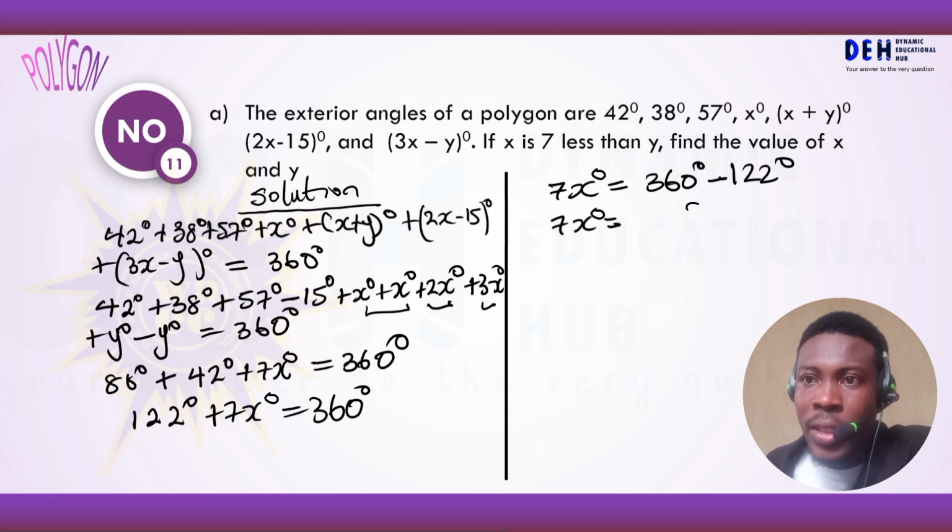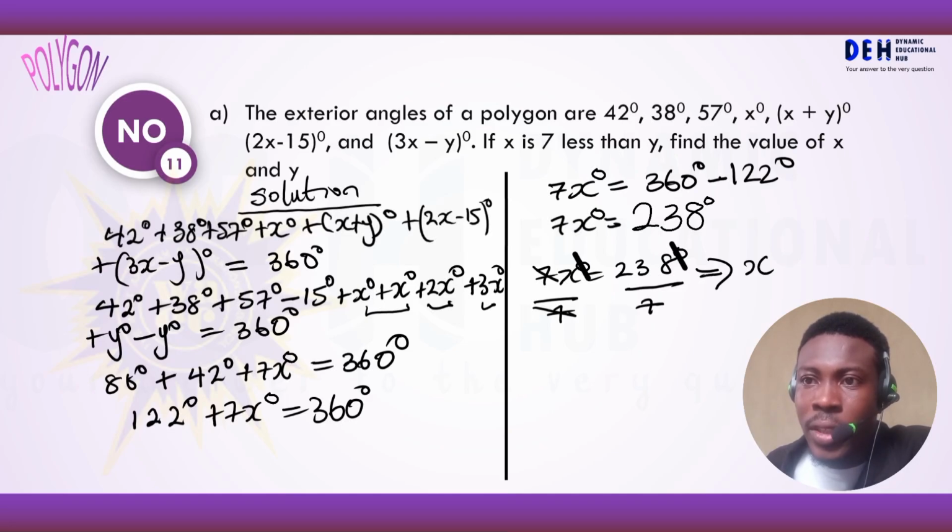We get 238. So 7x is equal to 238. Divide both sides by 7. 7 cancels 7 here, so x is equal to 238 divided by 7. 23 divided by 7 is 3. 7 times 3 is 21, remainder 2. In 28, we have 4. So x is 34.